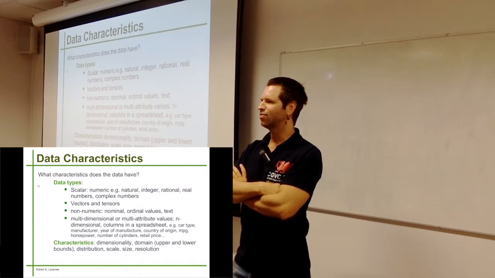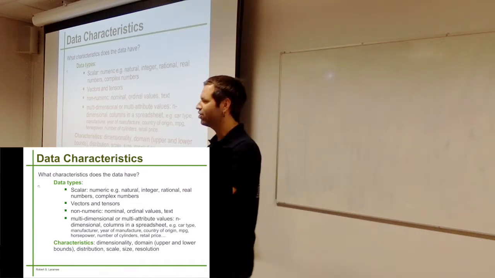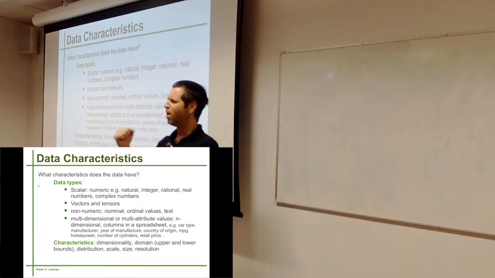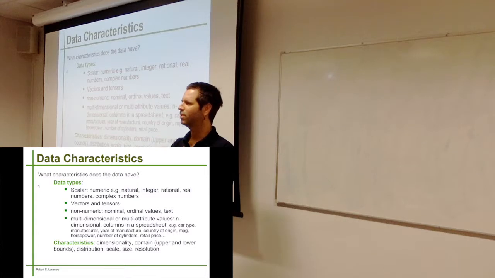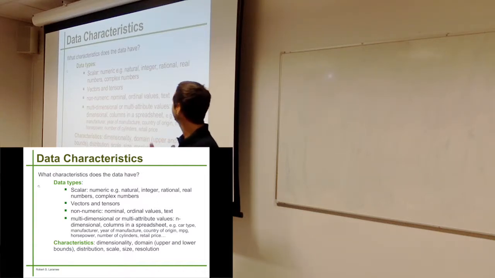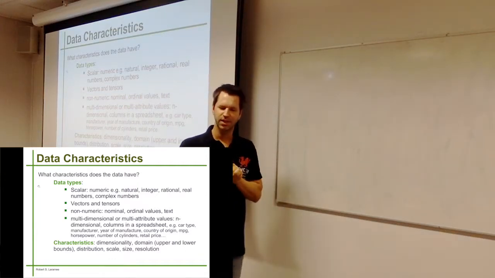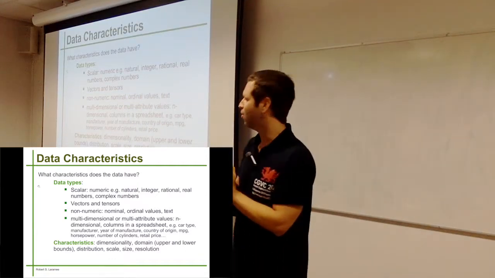Any Chinese students want to tell us what a rational number is? Whenever I talk to the Chinese students, they say, we are mathematicians. Which I believe, by the way. Any Asian students want to? Rational numbers are numbers that can be expressed by a division or a ratio.